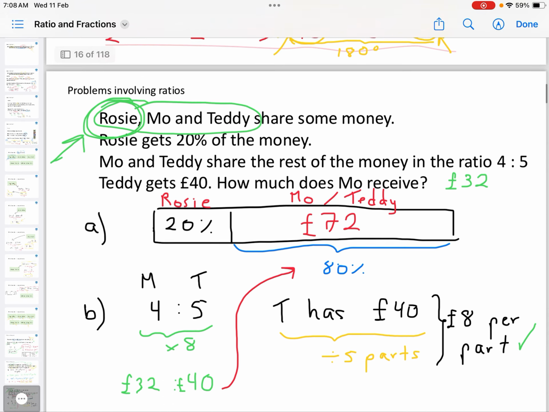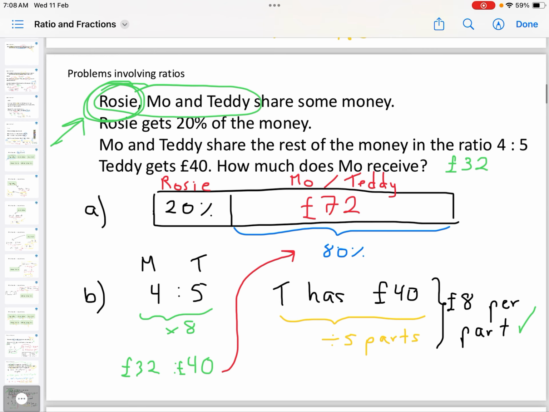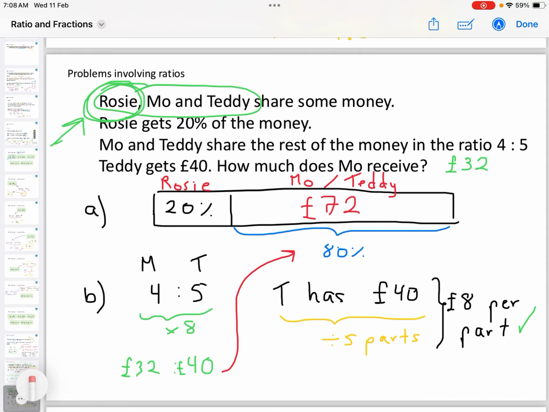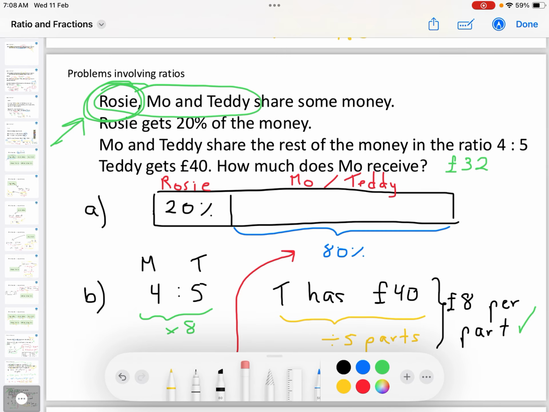And then finally we discussed the case of Rosie, Mo, and Teddy. So we were even using, in this case, a bar diagram to discuss the amount of money. We got to the solution in which Mo and Teddy had 72 pounds.